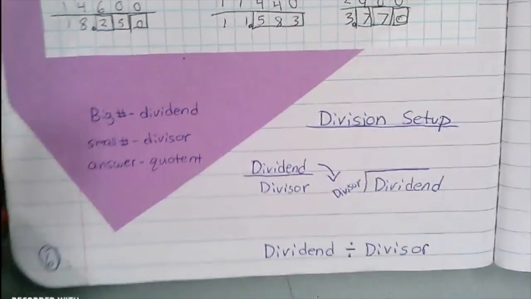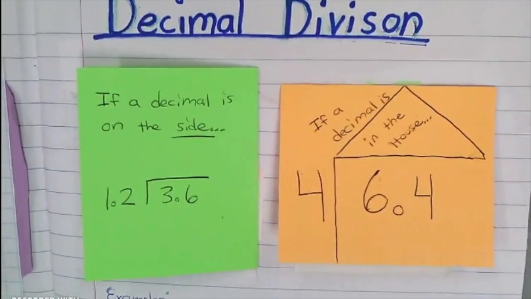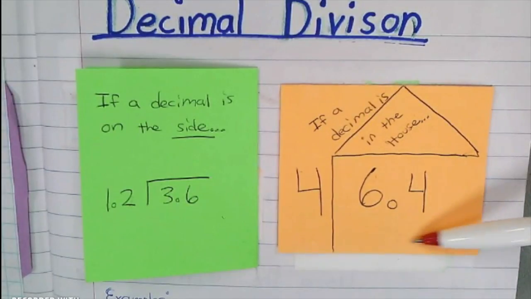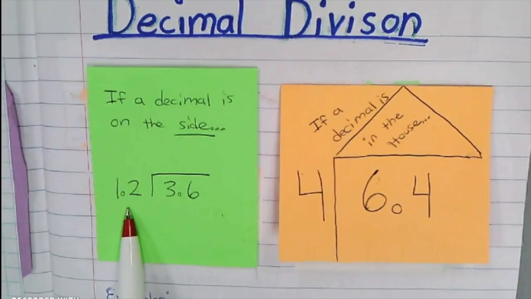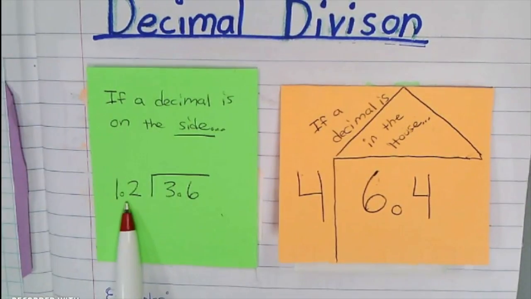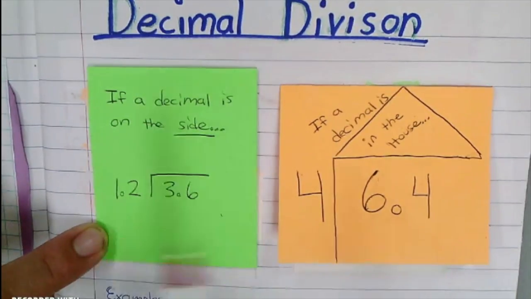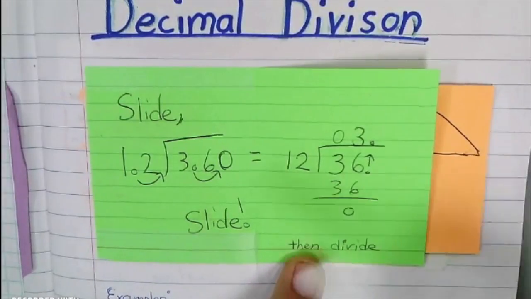Okay, so now here are our rules for decimal division. You can grab some index cards and make this into a foldable, or you can just write what it is right down here in your notes. So the first thing to know is if a decimal is on the side, like 3.6 divided by 1.2, whenever I have a decimal out here, then I need to do something called slide, slide, then divide.